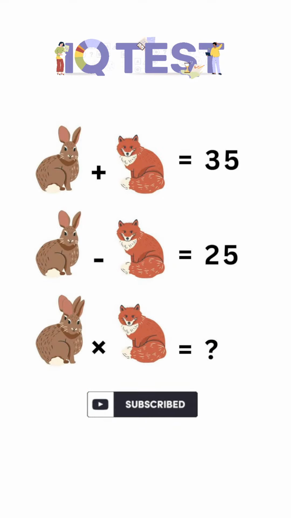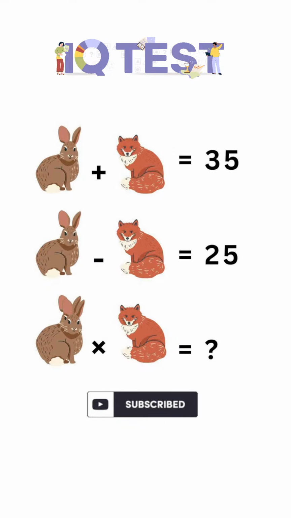So here it is similar to what we just did. The next question is very similar to what we just did. So here we have 1 rabbit plus a fox is 35. Then the rabbit minus the fox is 25.